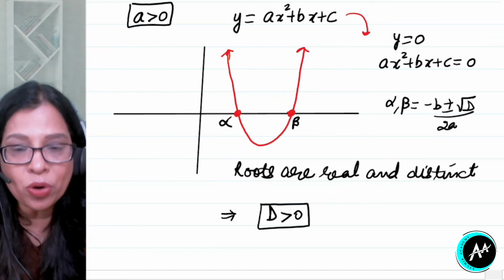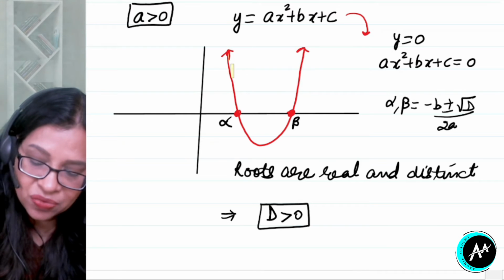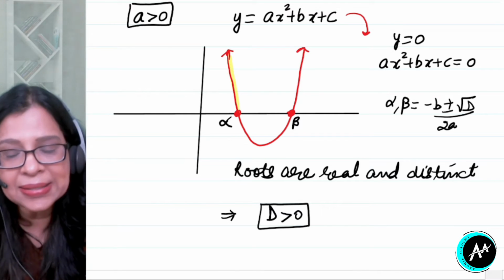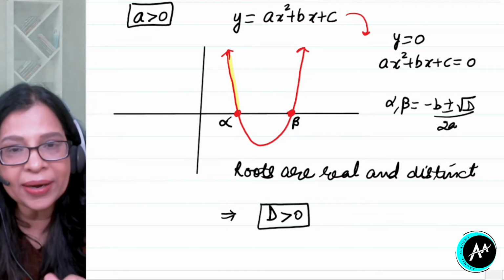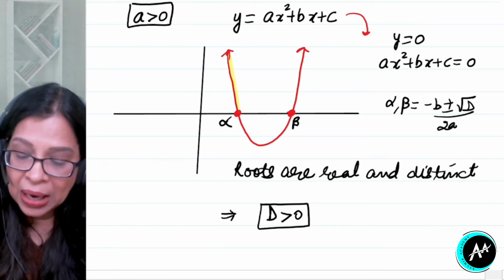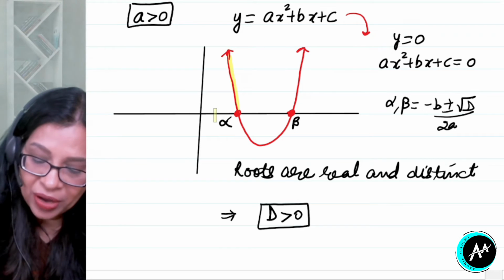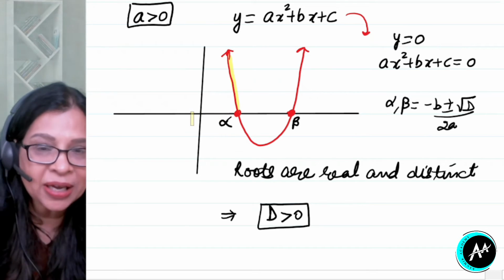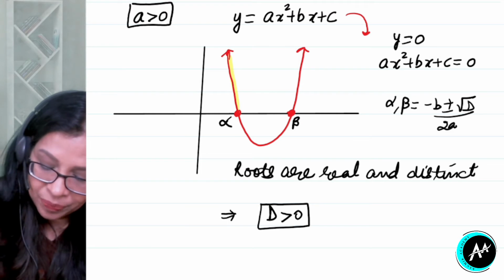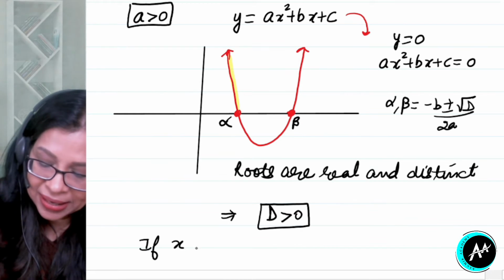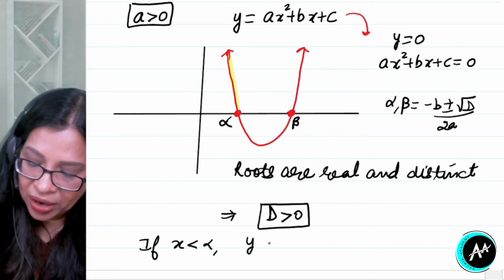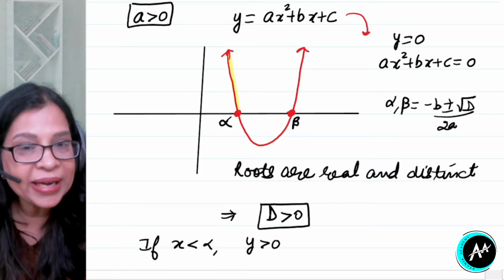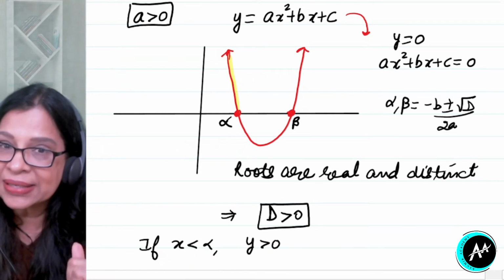So when any portion of the graph, as you can see this one, is above the x-axis, then if you take any point on it, its y coordinate will be positive. And what is this portion? When x is before alpha, can you see? So I write this thing that if x is less than alpha, then you can see y is positive. The y coordinate is positive because the graph is above the x-axis.